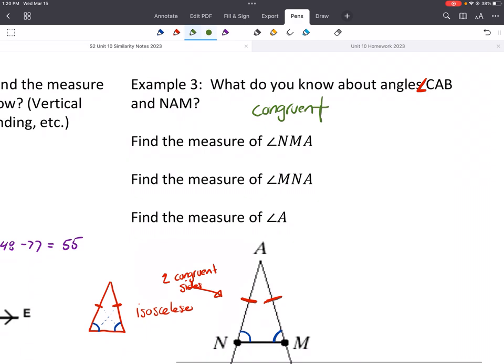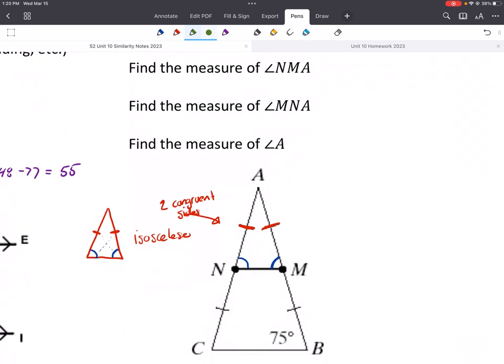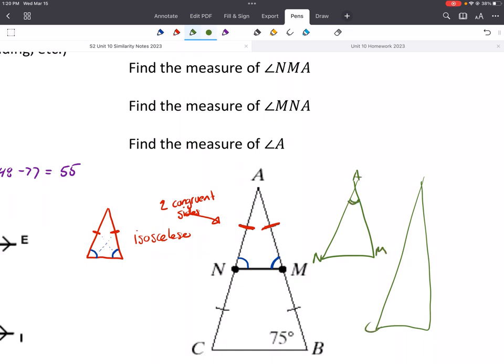Basically those two angles, if we had a small triangle and a big triangle, this would be NAM, this angle, and then we did CAB, and we wanted to know this angle. Well, those two angles are congruent, okay? That's the symbol we use for congruency. So it's like equal with a little thing on top.